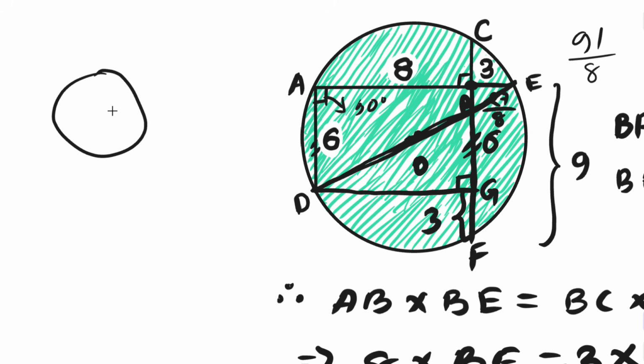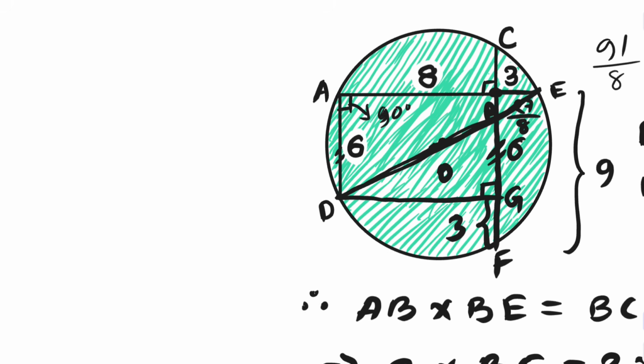Thales' theorem says that if an angle inscribed in a circle is 90 degrees, then the side opposite that angle must be a diameter of the circle. Since angle DAE is 90 degrees, the segment DE must be the diameter of the circle. That is a huge breakthrough because once we know the diameter, finding the radius, and then the area becomes straightforward.